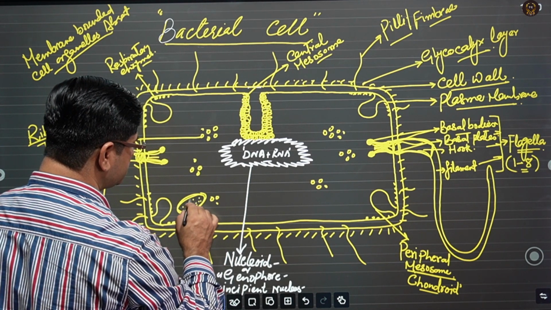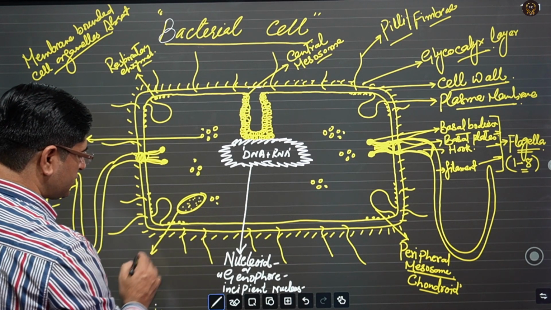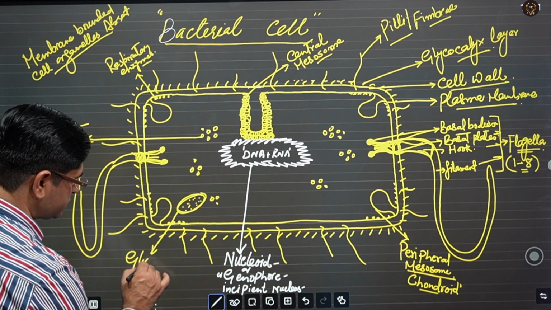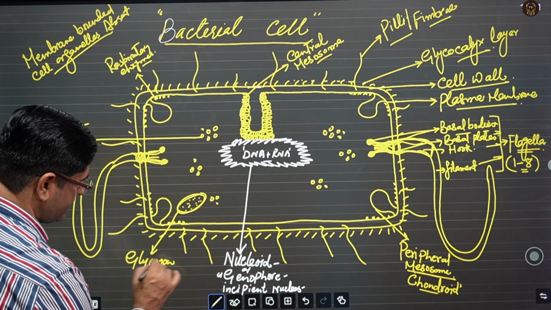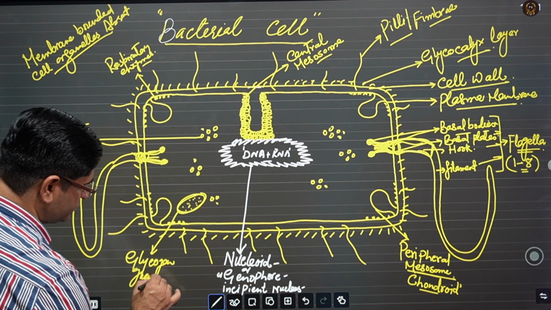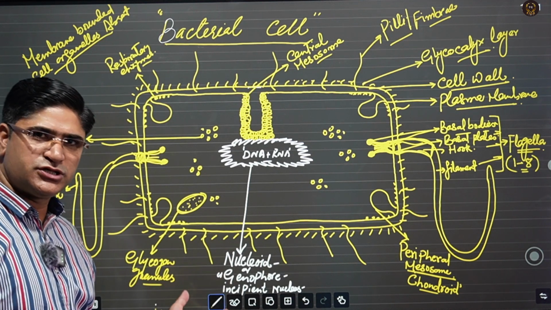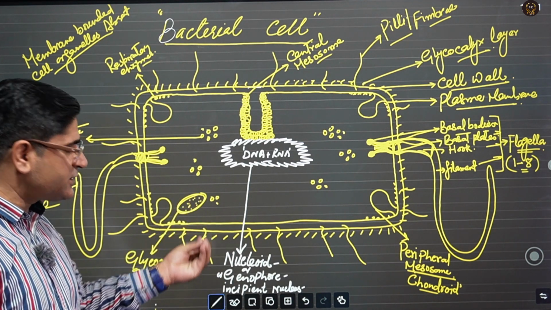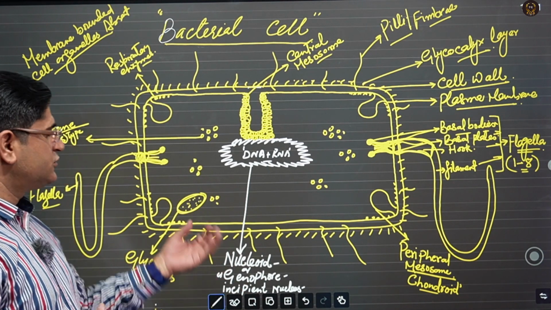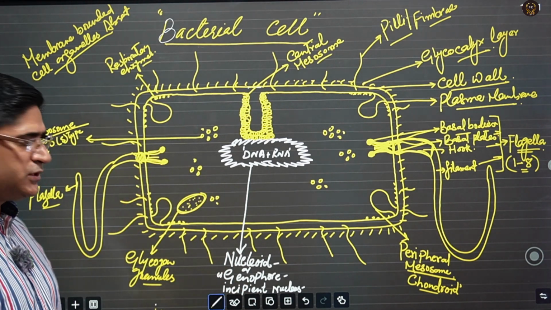Those bodies are called glycogen granules. The food is going to be stored in the form of glycogen, so they are stored in the form of granules, known as glycogen granules.